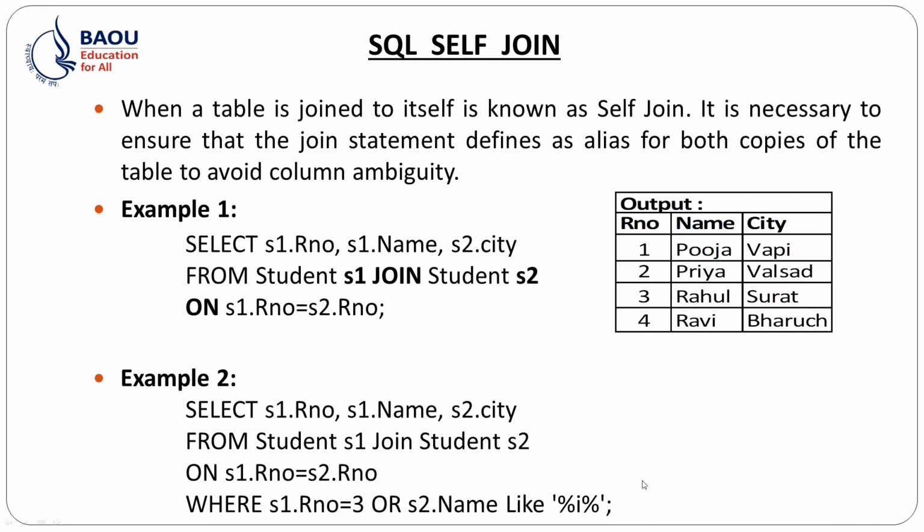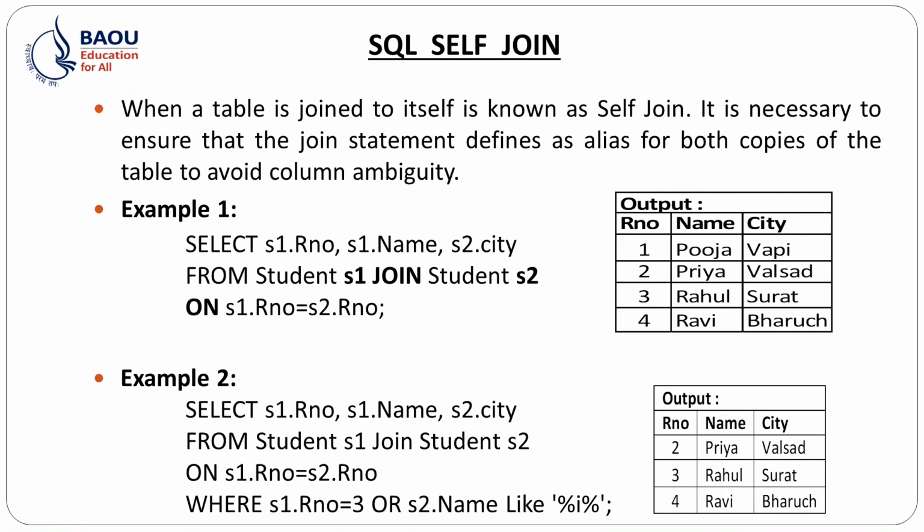In the output, it will display all the records from the student table whose student name contains the character i. It means it will contain the roll number 3 record as well as those whose student name contains the character i. So roll number 3 as well as Priya and Ravi contain the character i.